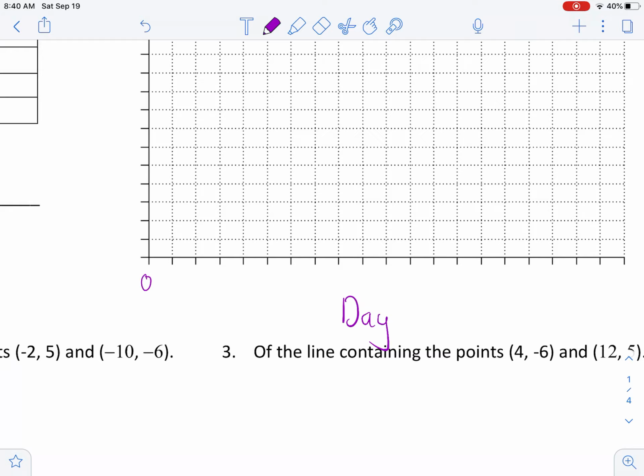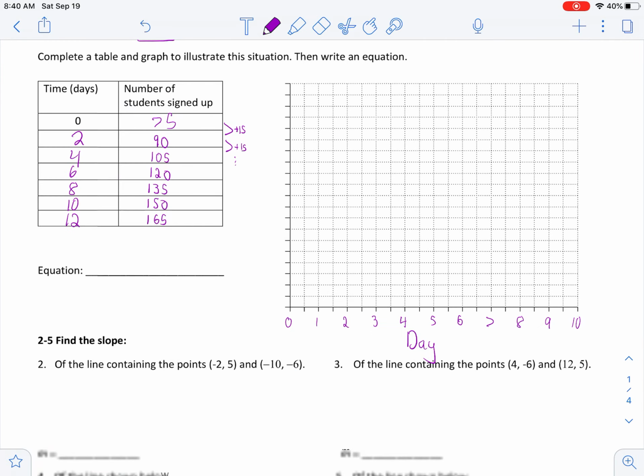And I'll skip a line, and I might be able to skip 4 lines if I count by twos. Let's see what that looks like. So this would be 1 day, 2 days, 3 days, 4 days, 5 days, 6, 7, 8, 9, 10. Now I know I didn't make it all the way to 12, but I think in this case that's going to be okay.